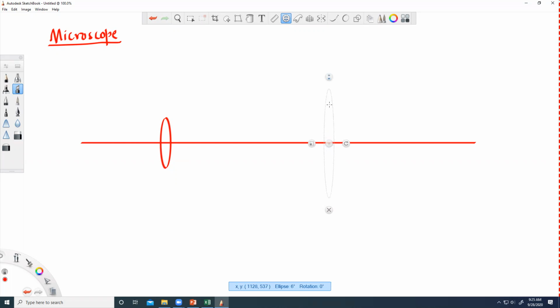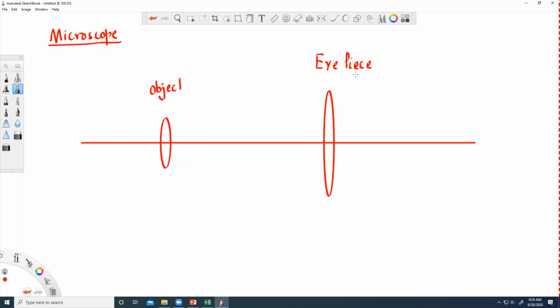It has a relatively longer focal length. It's easier to remember because the eyepiece is near your eyes. Your eyes would be somewhere here, and the objective is near the object. This distance is the focal length, the shorter focal length, and this one has the longer focal length.